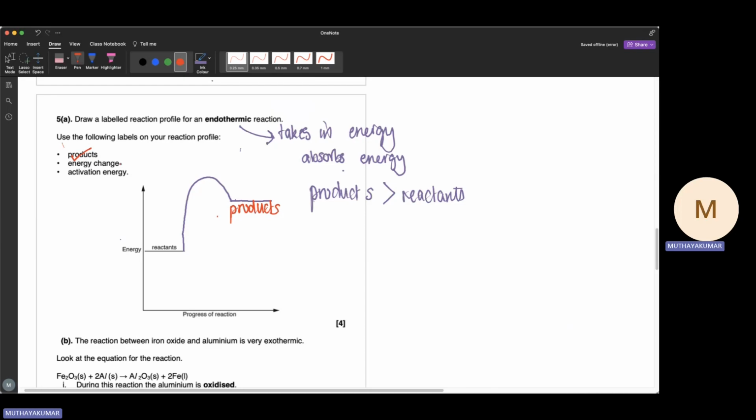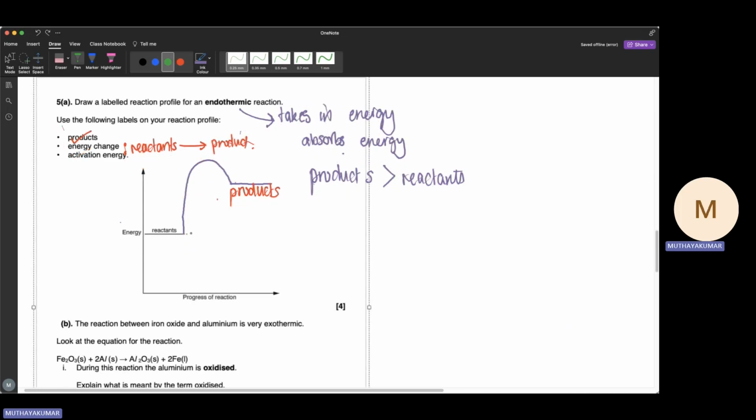Energy change labels always begin in line with the reactants, and the arrow always points to the product. So if I choose a different color, we're starting in line with our reactants. I'm going to start my arrow here.